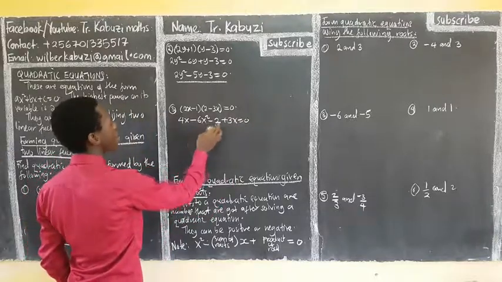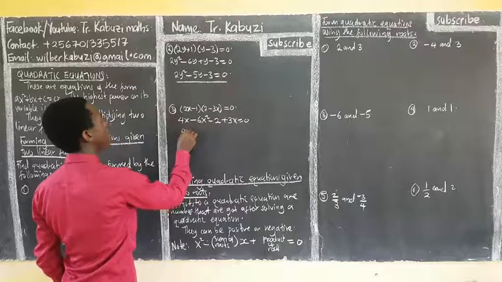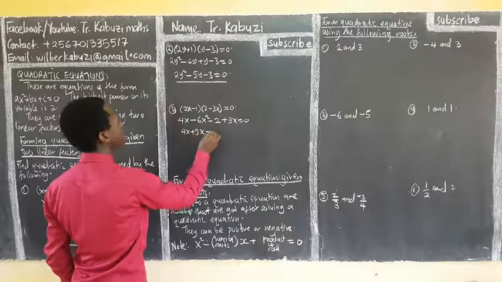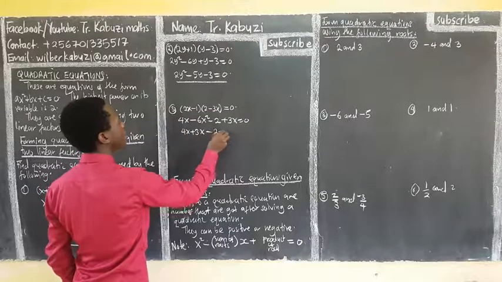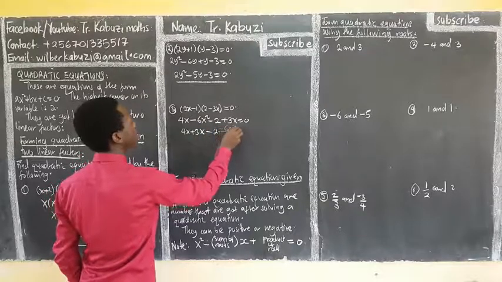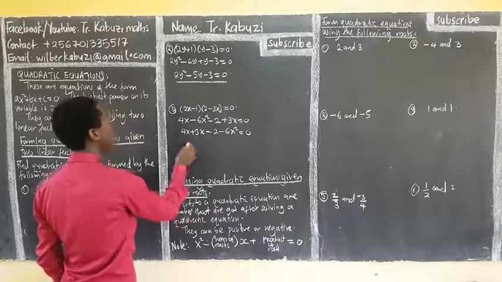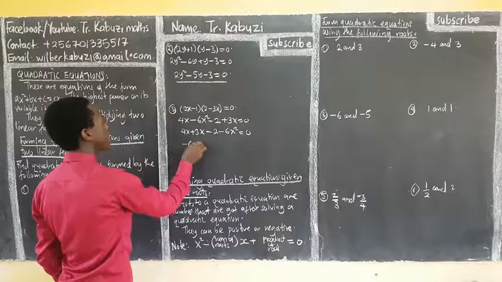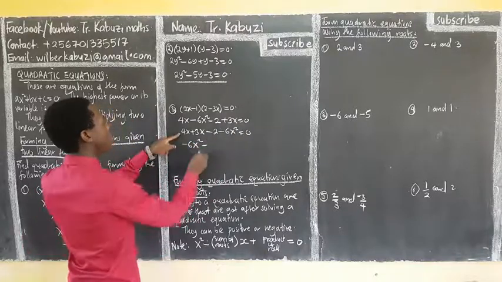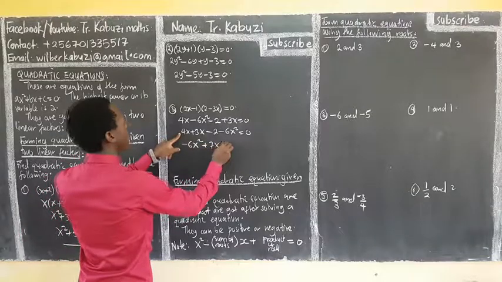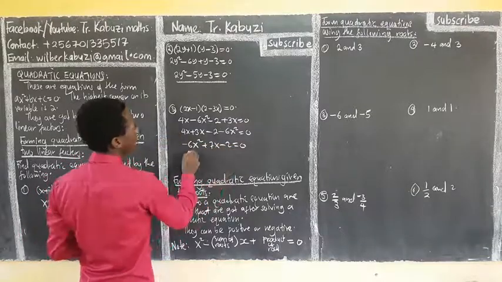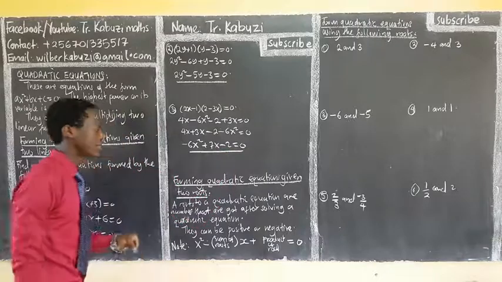So this will be now 4x plus 3x, minus 2, plus minus 6x squared equaling 0. So this will be now negative 6x squared, plus 7x, minus 2 equaling 0. And that will be our quadratic equation.